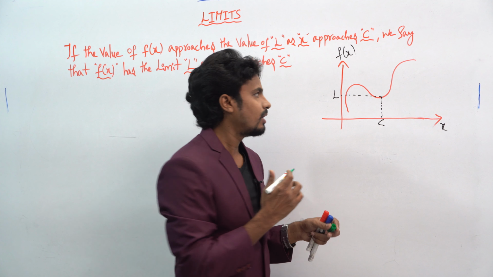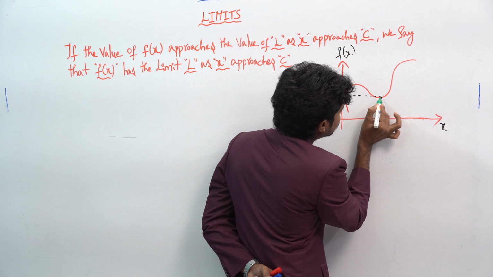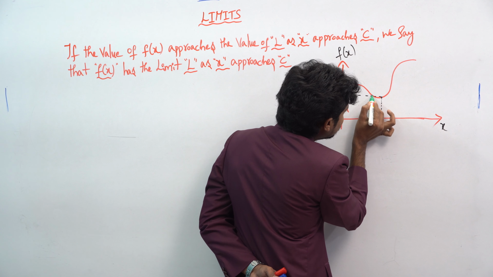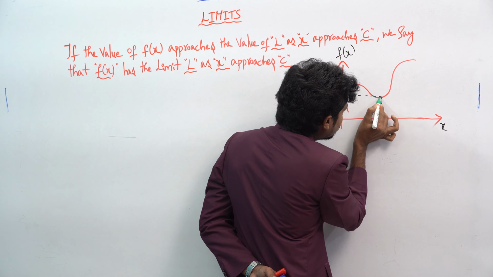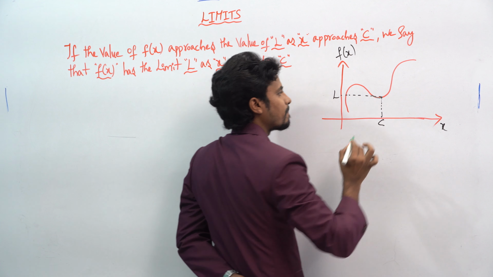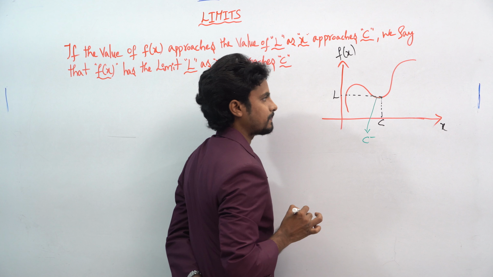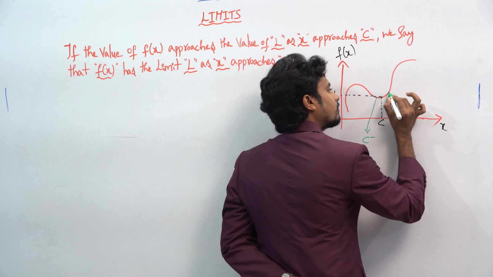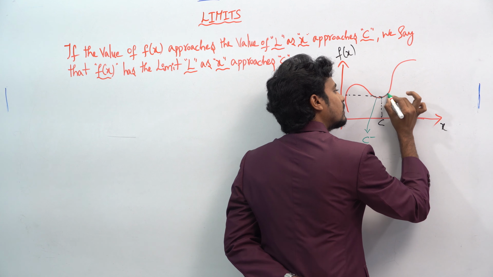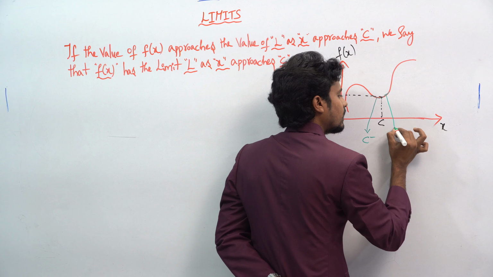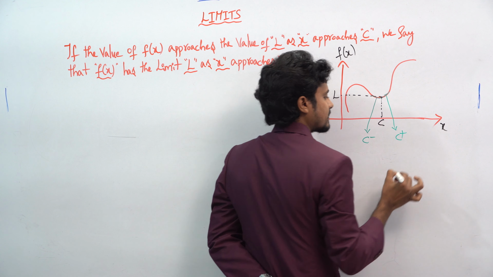So here if I take this point as my point C, this small value is C minus. If I take the small value on the other side, that will be C plus.